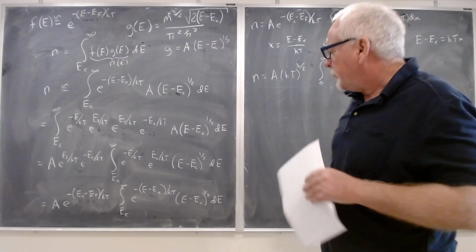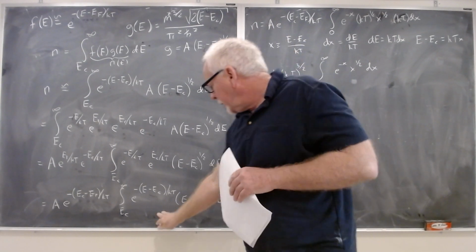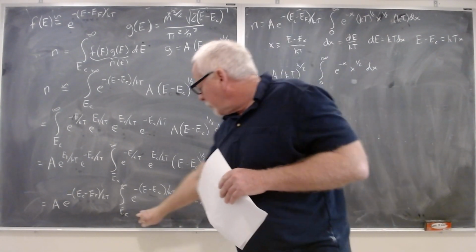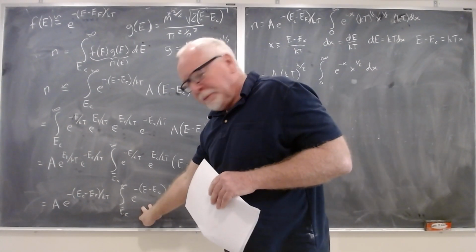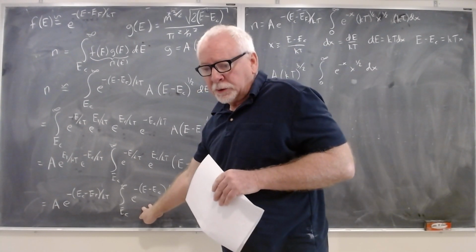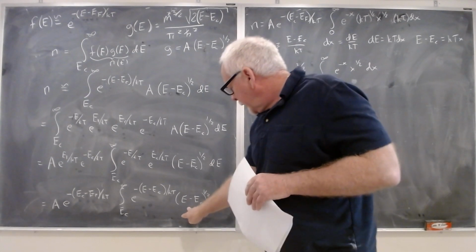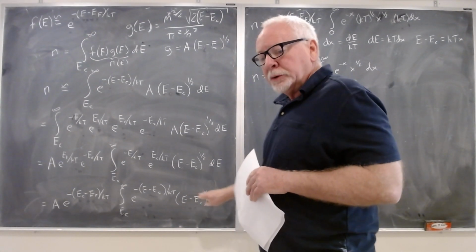All right, let's go back for a little bit and just look here first. Remember, we're integrating above E sub C. So what you see is that f goes down exponentially as I go up in energy. The density of states goes up as a square root.